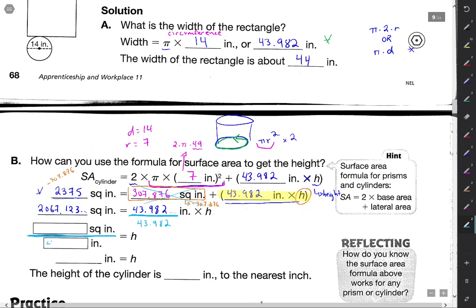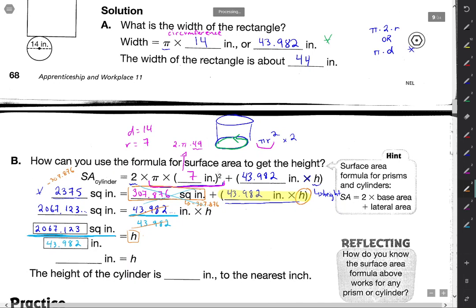So we're going to divide by 43.982, and the number on the top is going to be what it was in the previous step, 2067.123. So if we divide these two numbers, that is going to cancel them out. So 43.982 divided by 43.982, well, that would just be equal to 1. So they cancel each other out, and that leaves the h all by itself on that side.